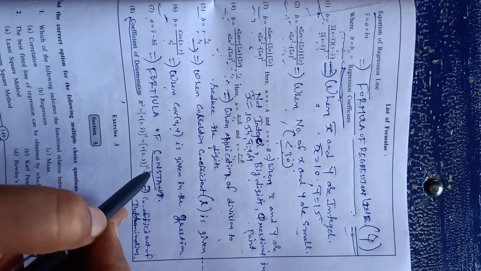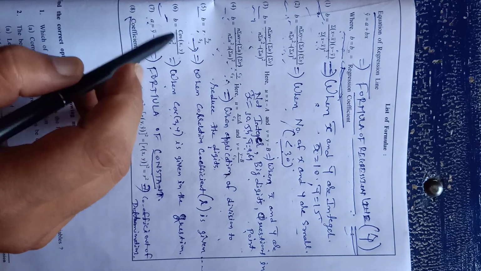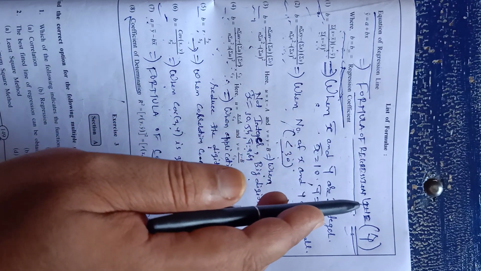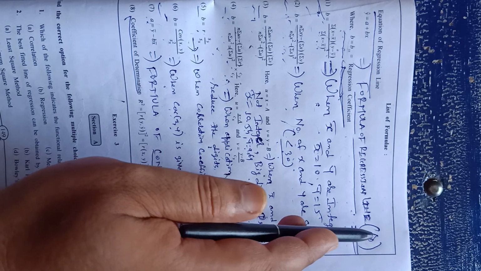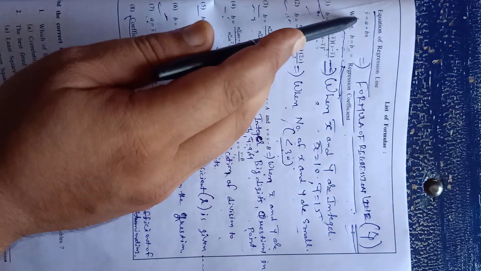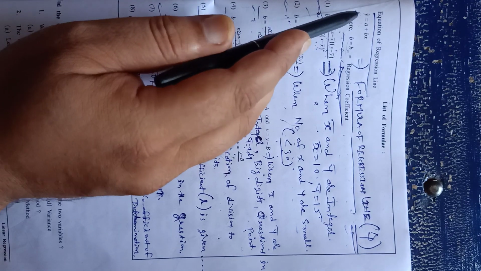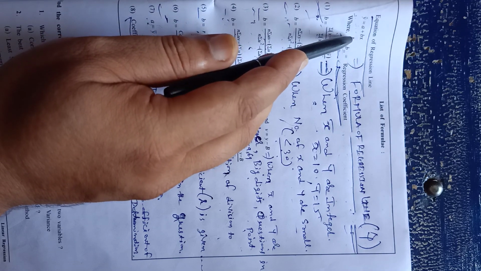Second step, find the constant, that is A. And the third and last step is the regression line, denoted by y cap. The formula to find the regression line is y cap is equal to A plus Bx.